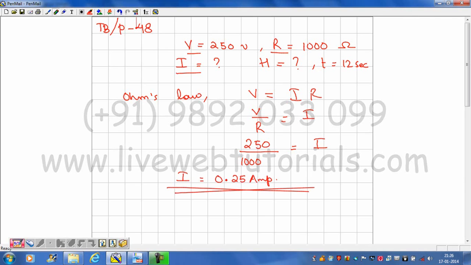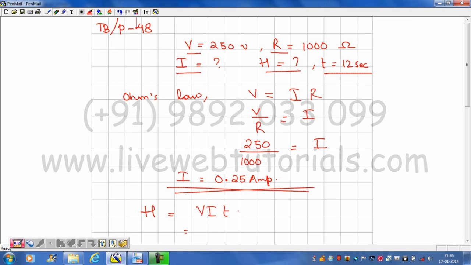The second thing that we are supposed to find is the amount of heat energy produced in the time 12 seconds. Okay, this is equal to, the heat energy is given by the formula. Straight formula is there, VIT.